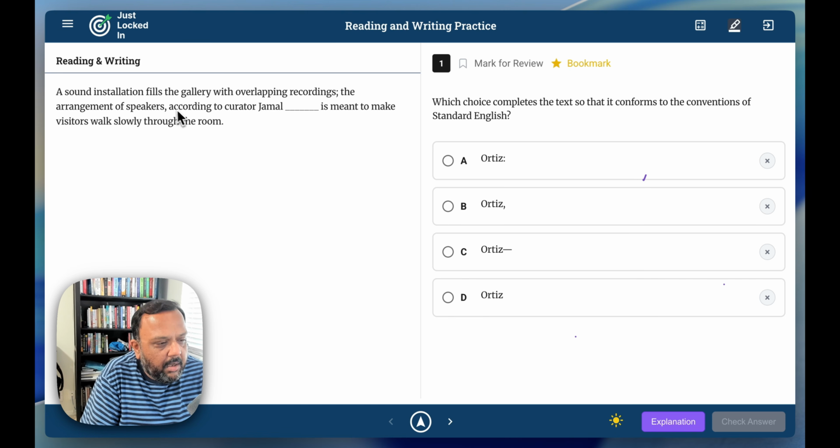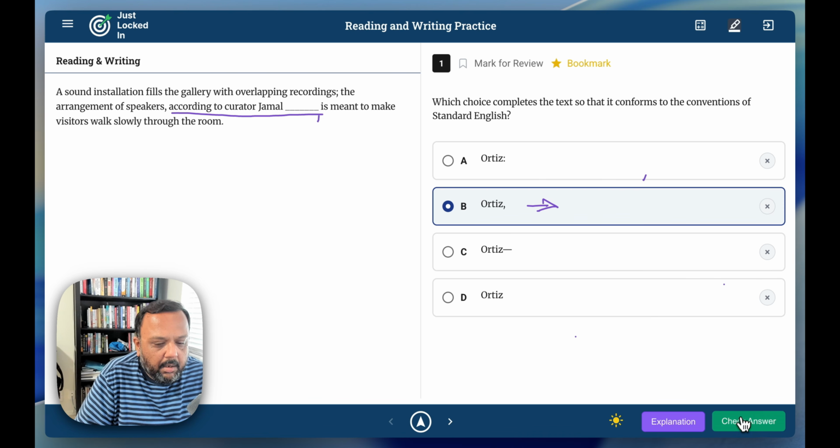According to curator Jamal Ortiz is supplementary information, and it is already set off by a comma, and therefore we need to close it with a comma, and B is the correct answer. So we'll just mark B and move on to the next question.